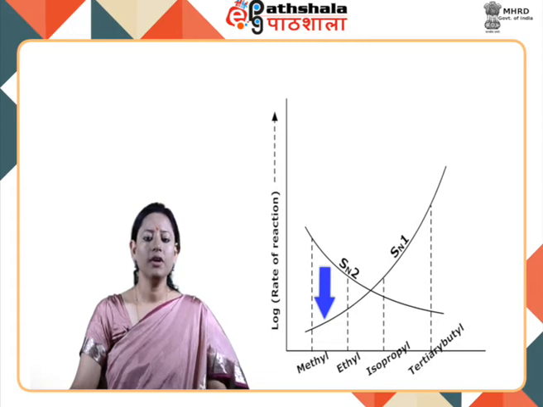Moreover, the effect of electronic and steric factors on the transition state of each substrate was considered to explain this change of mechanism in each case. For the SN2 mechanism, the enhanced inductive effect of the methyl group makes the carbon less positively charged and thus less polarized. Hence, it is less readily attacked by the hydroxide ion.